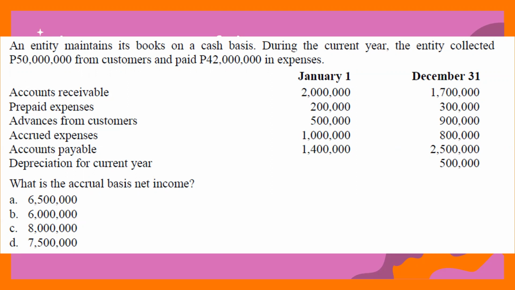So dito pa lang makukuha na natin yung net income under the cash basis. So we have 50 million revenue less 42 million in expenses. So also given are your accounts receivable, prepaid expenses, advances from customers, accrued expenses, accounts payable, and depreciation. Beginning and ending balances.